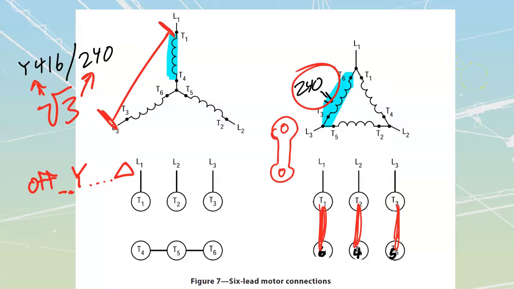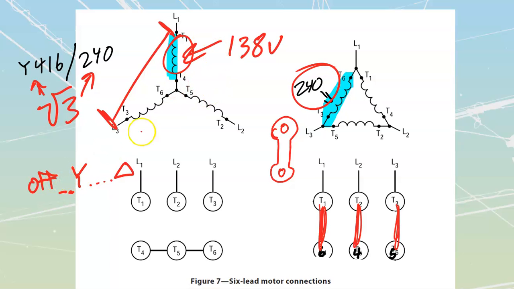So I'm initially going to be starting this motor out at 138 volts across each of these windings. If I've got a lower value of voltage, I'm going to have a lower value of current. If I've got a lower value of current, I am going to have a lower value of torque as well. But the big thing is that I've got only 138 volts when I apply it.